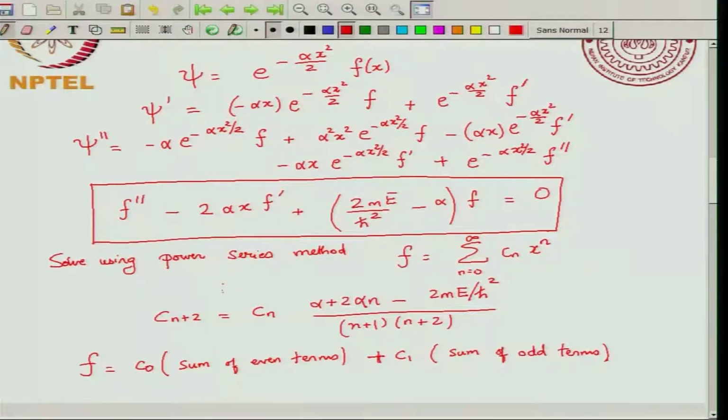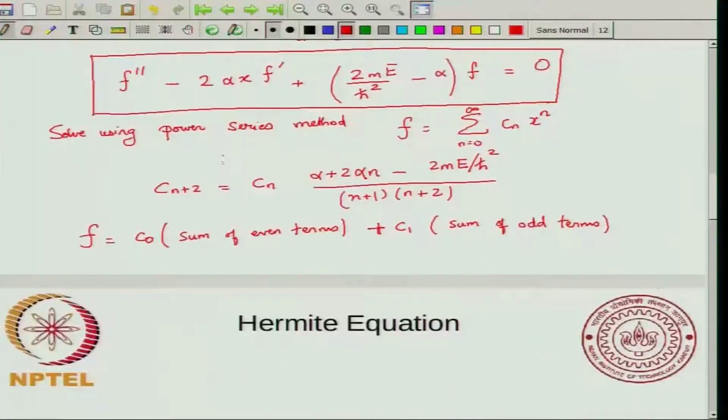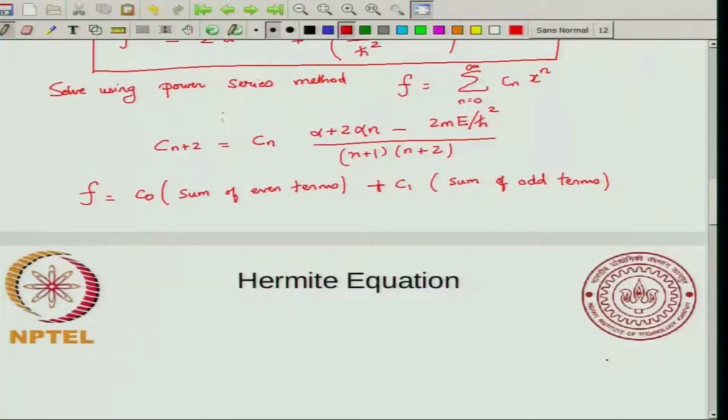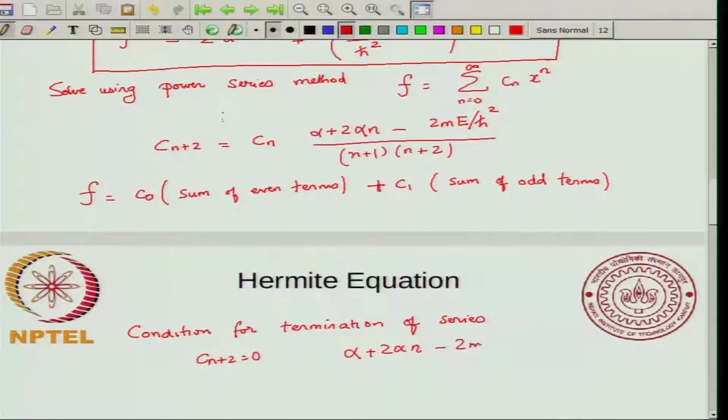In the case of the Legendre differential equation, one of these series has to terminate. The condition for termination of the series is C_(n+2) equal to 0, or alpha + 2 alpha n - 2mE/h bar squared equal to 0.